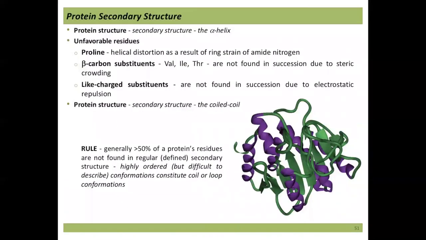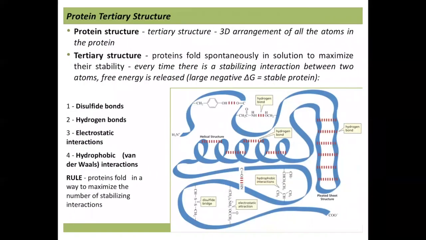Okay, so protein secondary structure is how these chains of amino acids coil up or align to interact with each other. As I said, we've talked about two, these alpha helices, and these beta sheets. Now, there are lots of ways to keep a protein in shape.